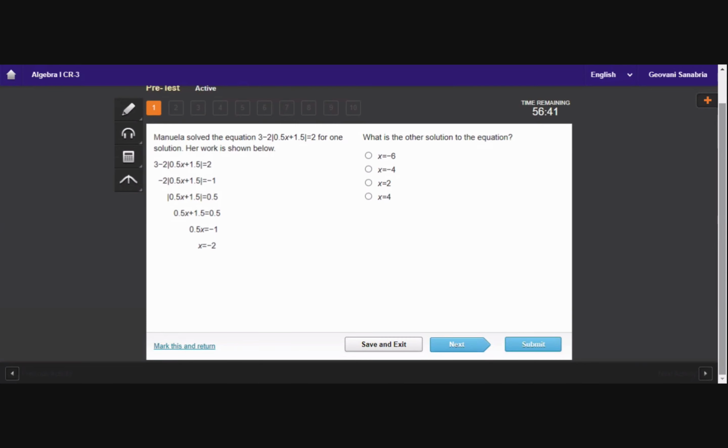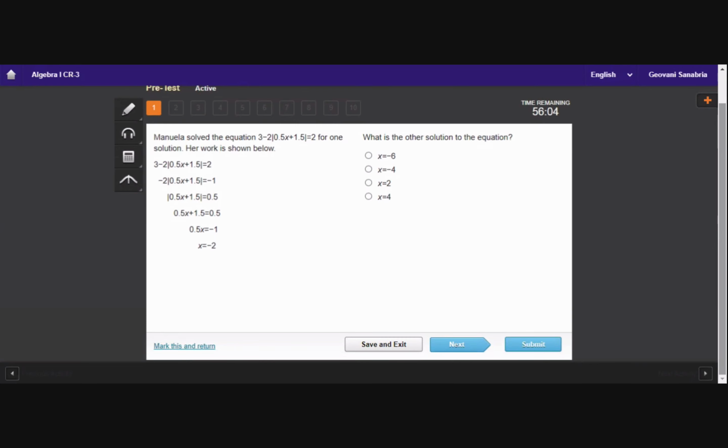So let's pick a different one, and I'll walk you through again. All right, so it's going to be -6. I'll do 0.5 times -6, which was -3, plus 1.5, equals -1.5.